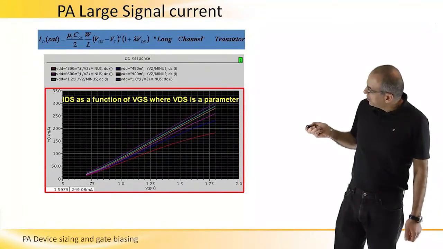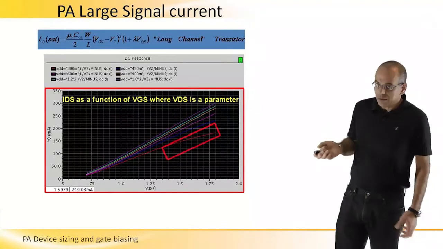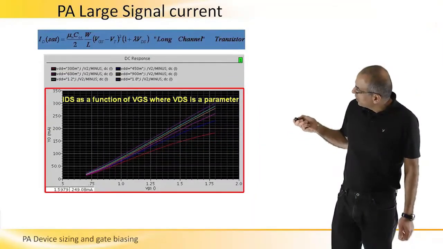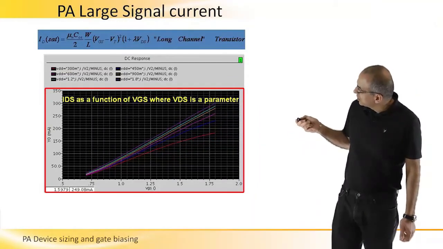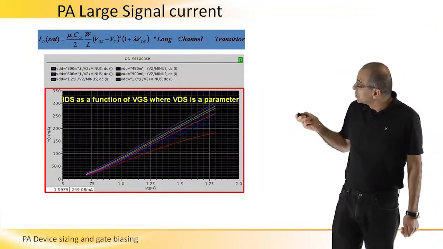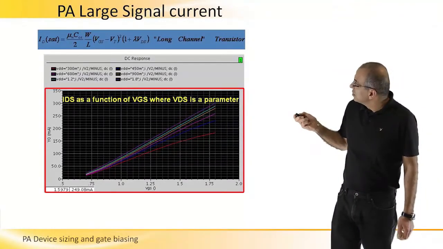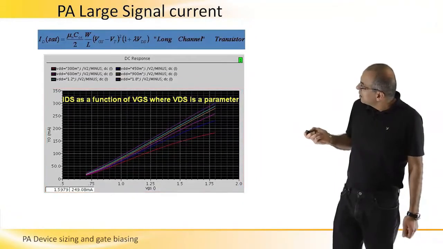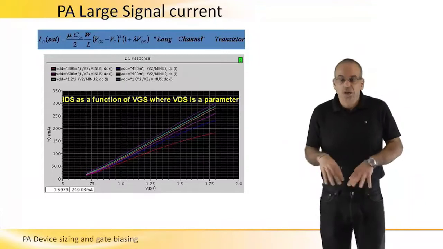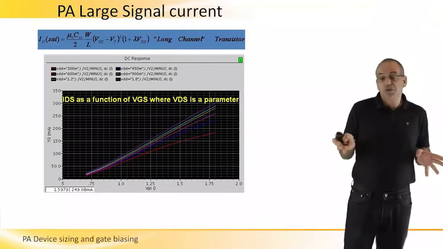We see that except this bottom line where the transistor is not really saturated, all the other lines show that the correlation to VDS voltage, here we have the different VDS voltages, is weak, as can be seen also in this expression, even though it's just a simplified expression.